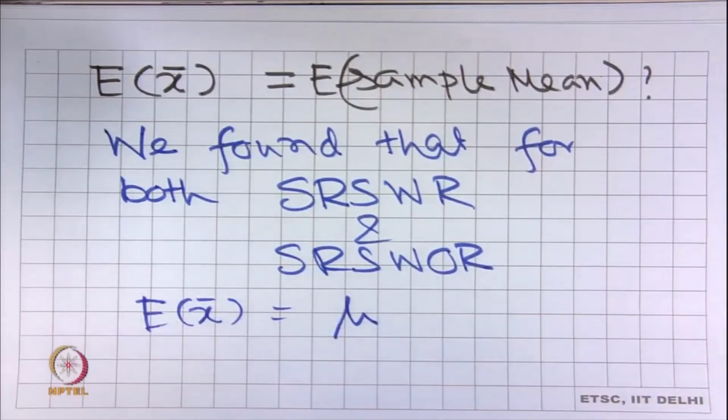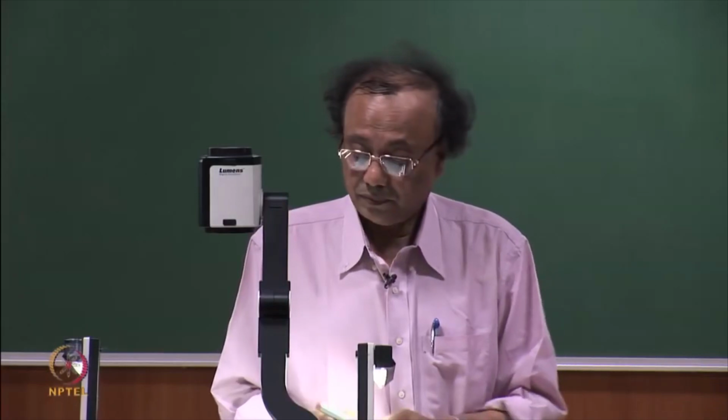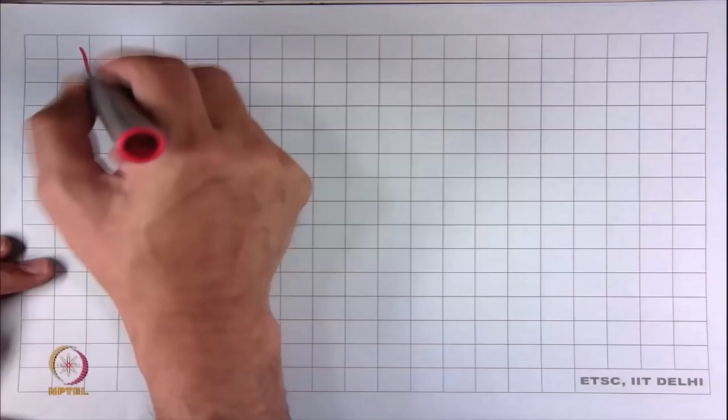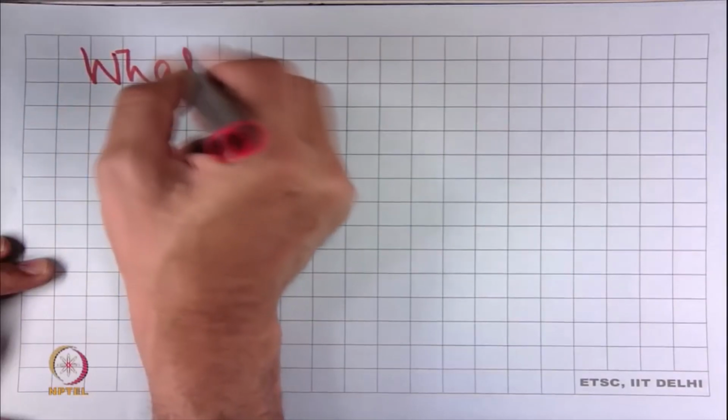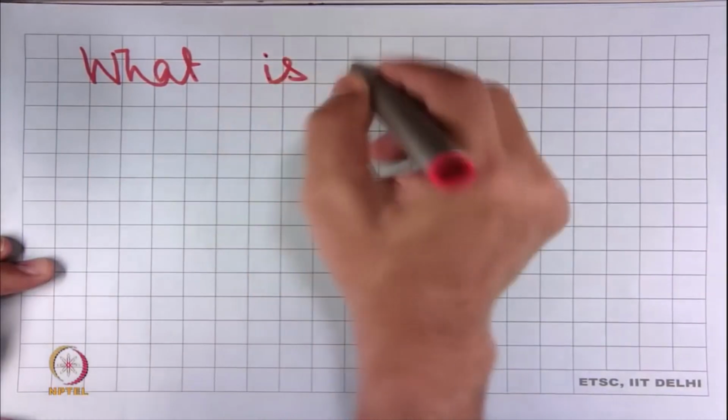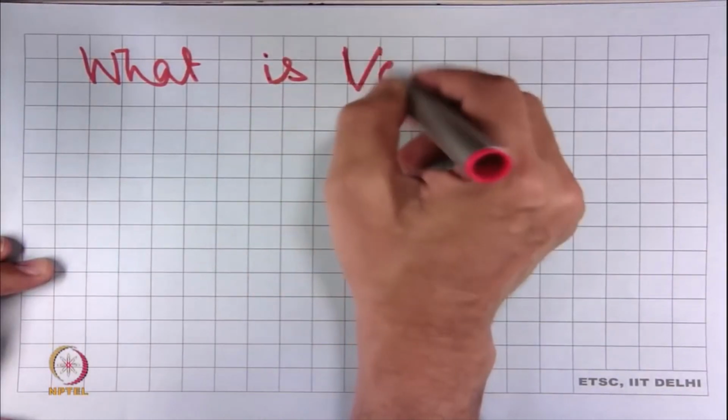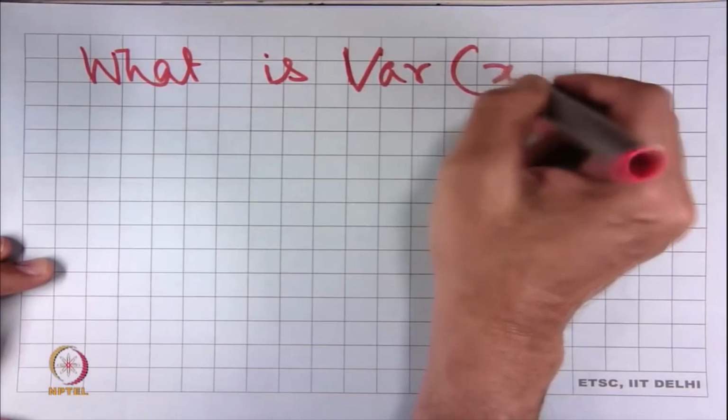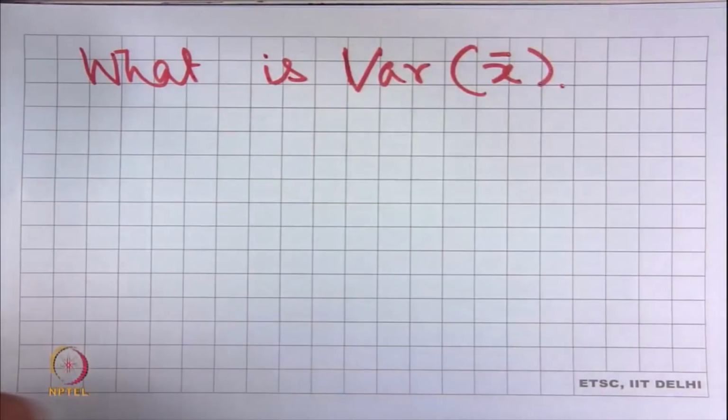In the last class, we started discussing what is the variance of x bar. Today, I will start with that again.